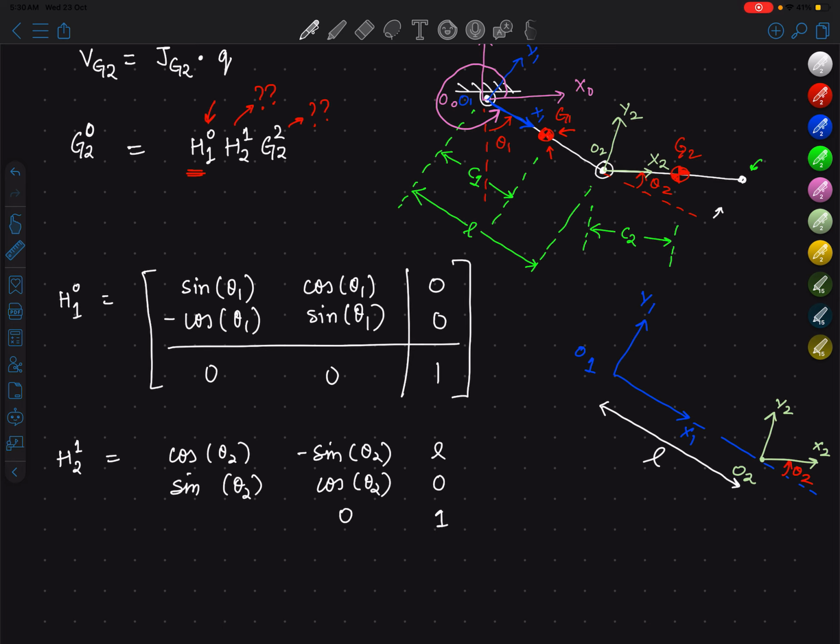So this is the homogeneous transformation matrix H21.